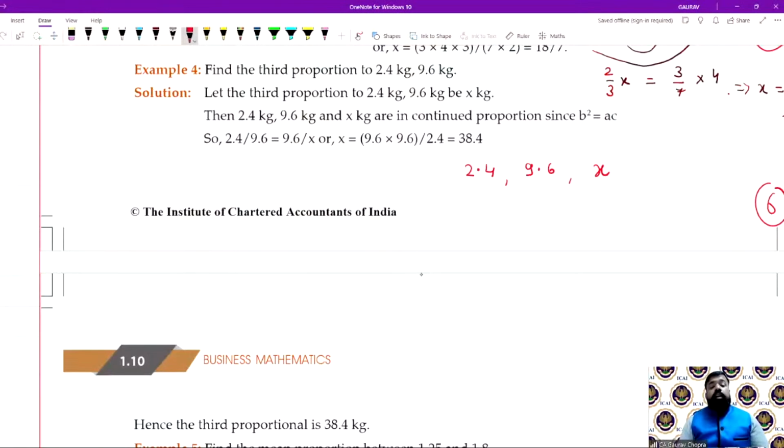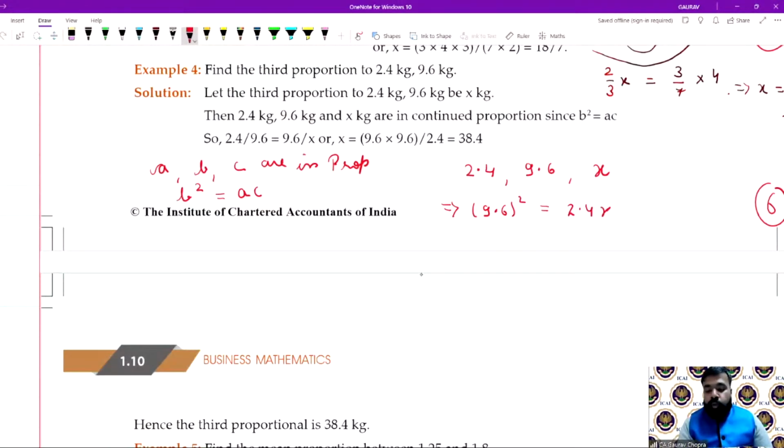Now, whenever there are 3 values in proportion, what is the formula? We have read that if A, B, and C are in proportion, this means that B square is equal to AC. So we can apply this here. 9.6 square is equal to 2.4x.